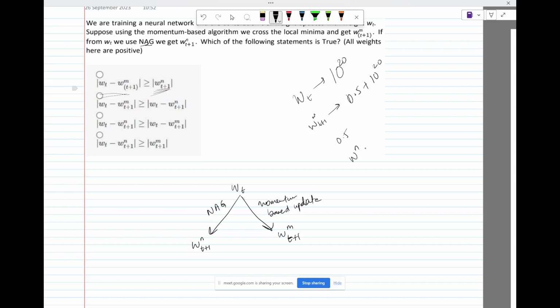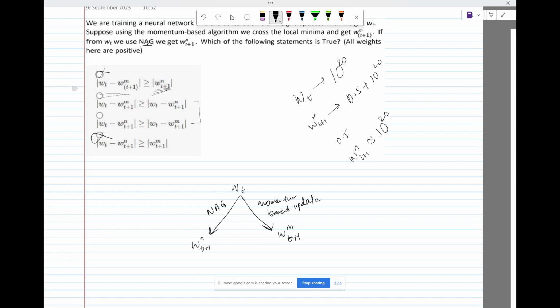But Wn can still be somewhere in the range of 10 power 20. So then we can't say this first option. Similarly, we can't say the last option also, because these quantities can't really be compared. So we have to look at these two options.